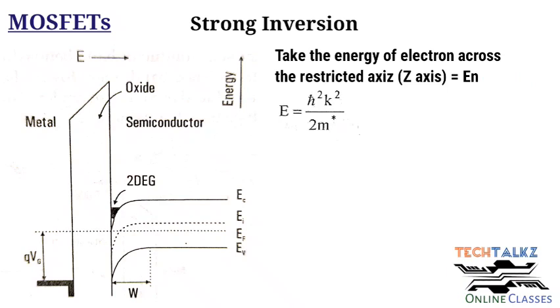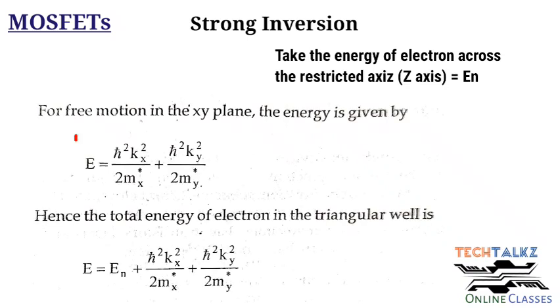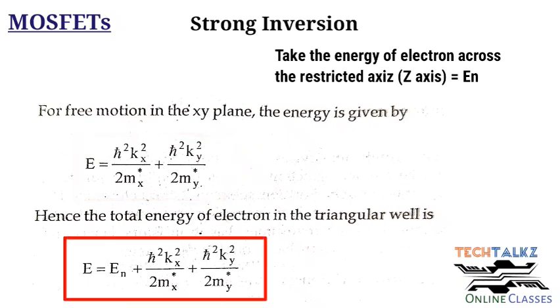And we know that the energy of electron is h bar squared k squared divided by 2m. Therefore, the energy of electron in the xy plane is h bar squared kx squared divided by 2mx star plus h bar squared ky squared divided by 2my star. m is the effective mass of electron across x and y respectively. Therefore, the total energy of the electron in the triangular well is taken as E_n, that is the restricted energy, plus the energy of electrons through the xy plane.